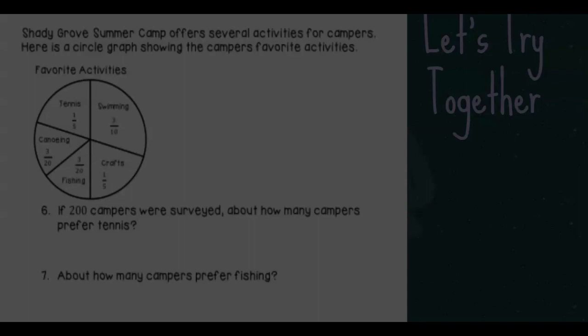So we're going to take 200 and divide it by 5, because tennis had a denominator of 5, all right? 200 divided by 5, and I'll go ahead and carry out the division for those of us who need to see it.